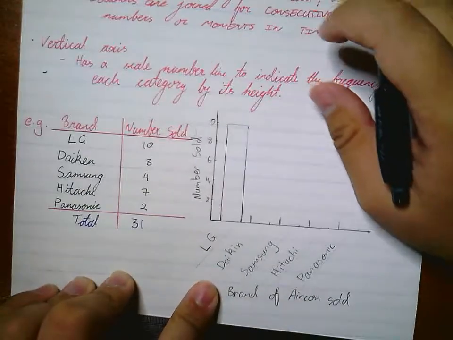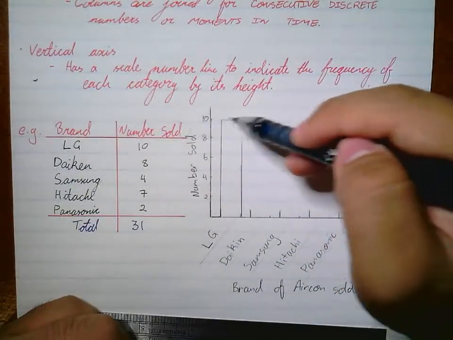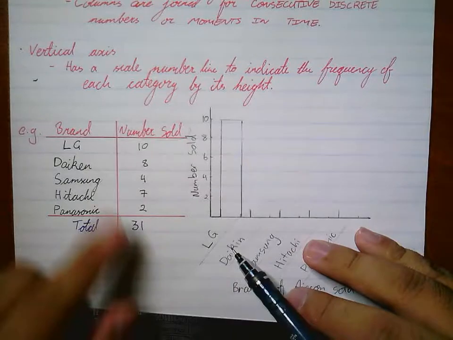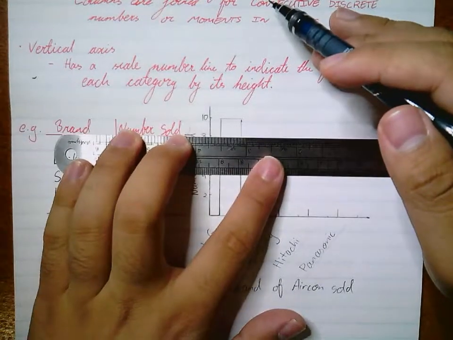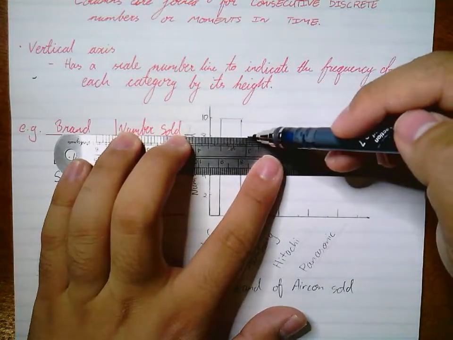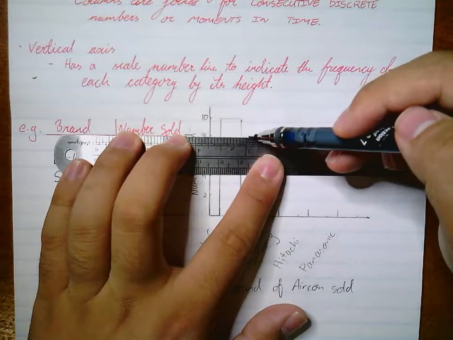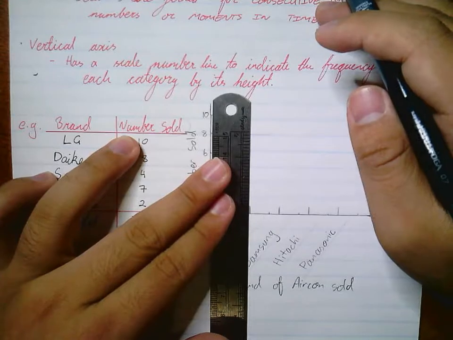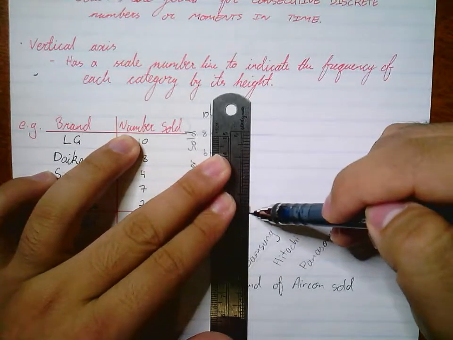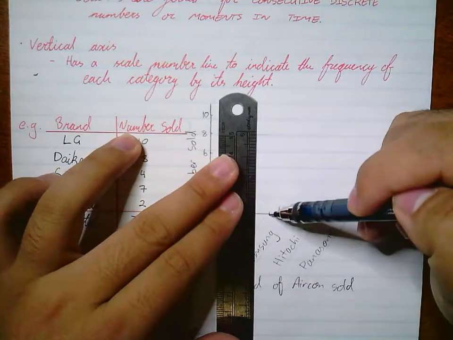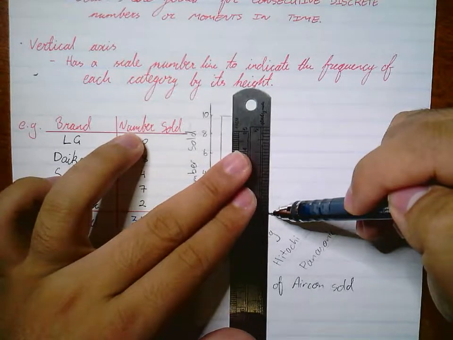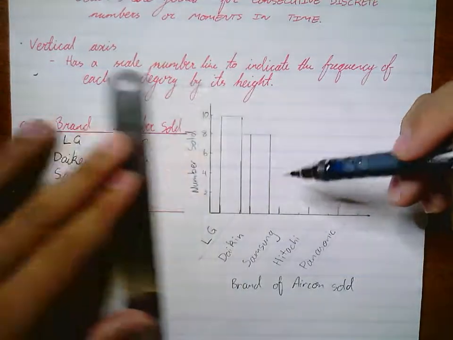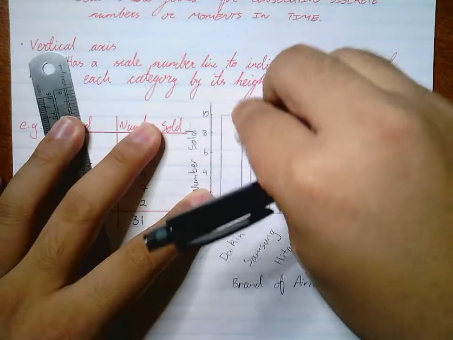That's LG. So LG had 10. Daikin had 8. Put 8. Another way you can do it is just put a little thin line like this, indicating 8, and just match this to our 8. Make everything neat, clean everything up.